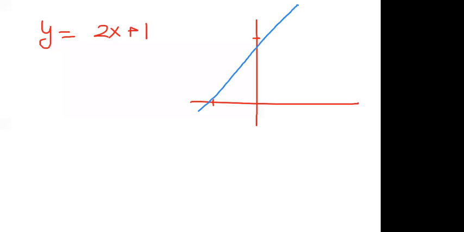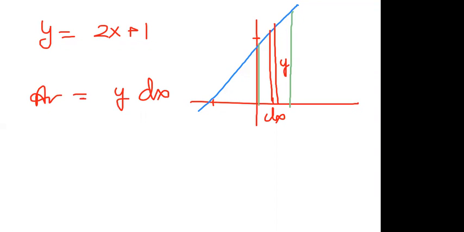Now we are going to calculate the area. I am calculating the area from the condition x equals 0, from this particular point, to x equals 1. So first of all, we need to split into a thin strip of thickness dx and height y. So the area will be y dx.